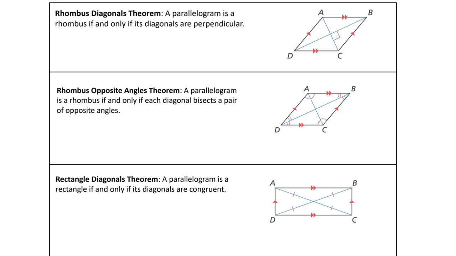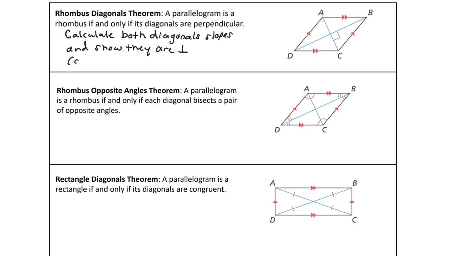Well, you calculate their slope. So you would need to calculate both diagonals' slopes. And you have to show that they're going to be perpendicular slopes. And how do you show that slopes are perpendicular? You show that they're opposite reciprocals.